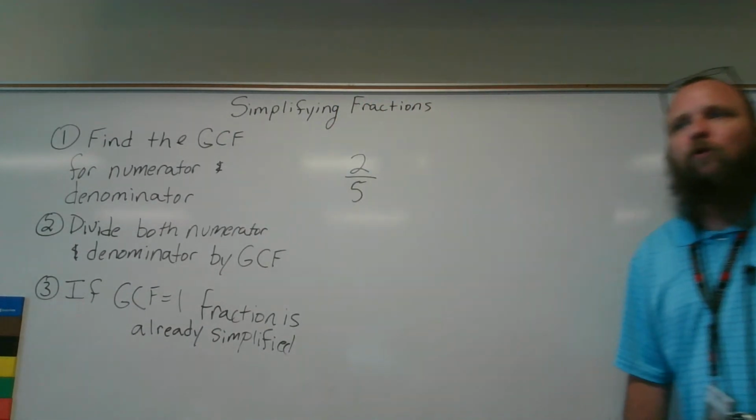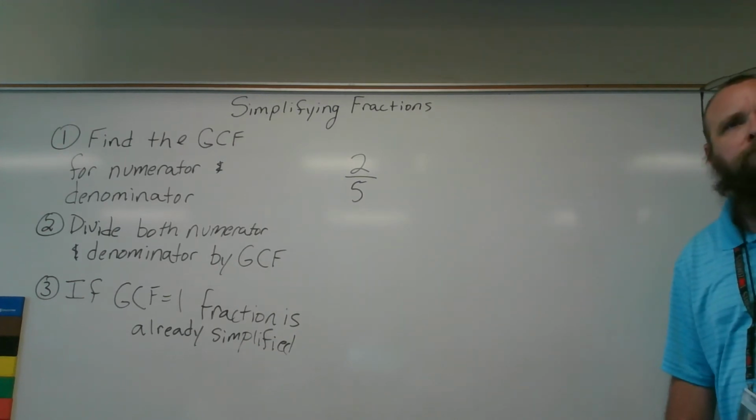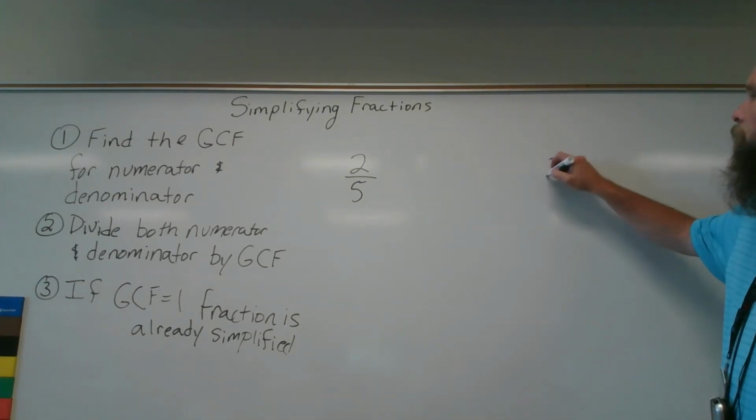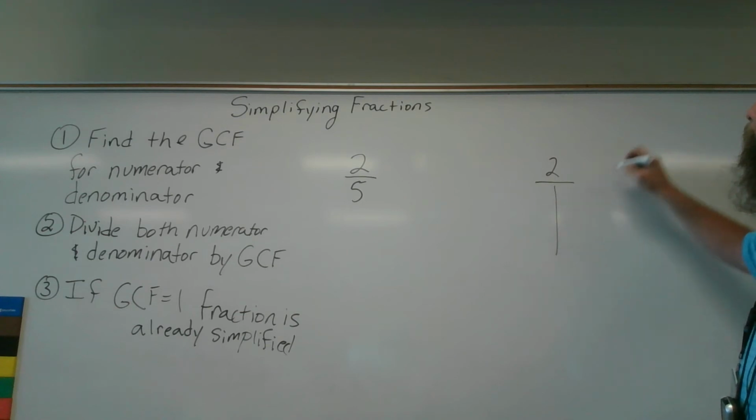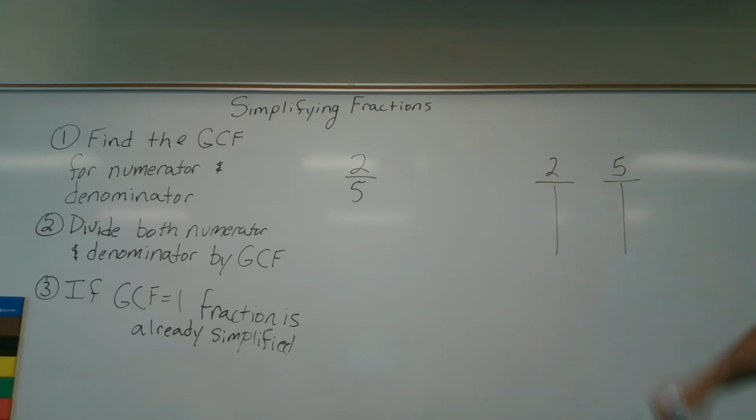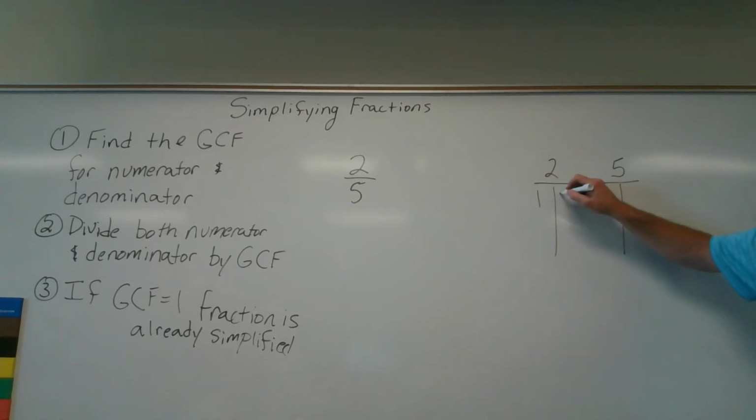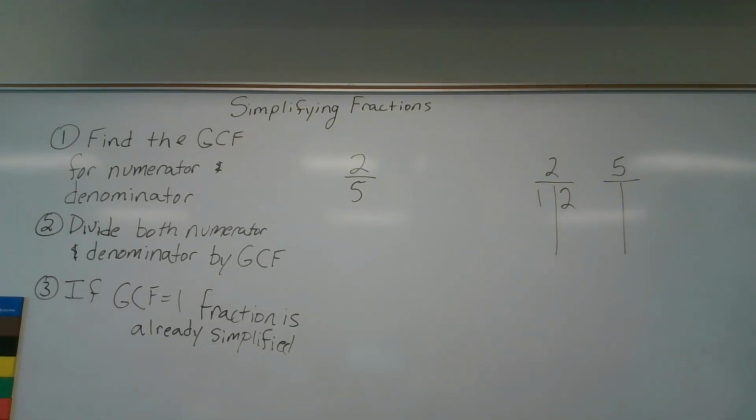Shina, what is step 1? Find the greatest common factor of the numerator and denominator. Jake, what are the factors of 2? The factors of 5, Jake? 1 and 5.